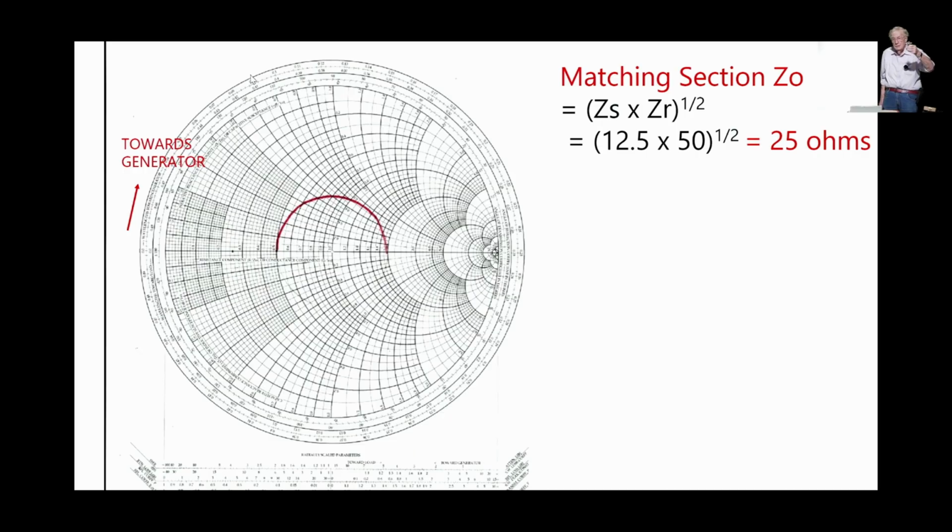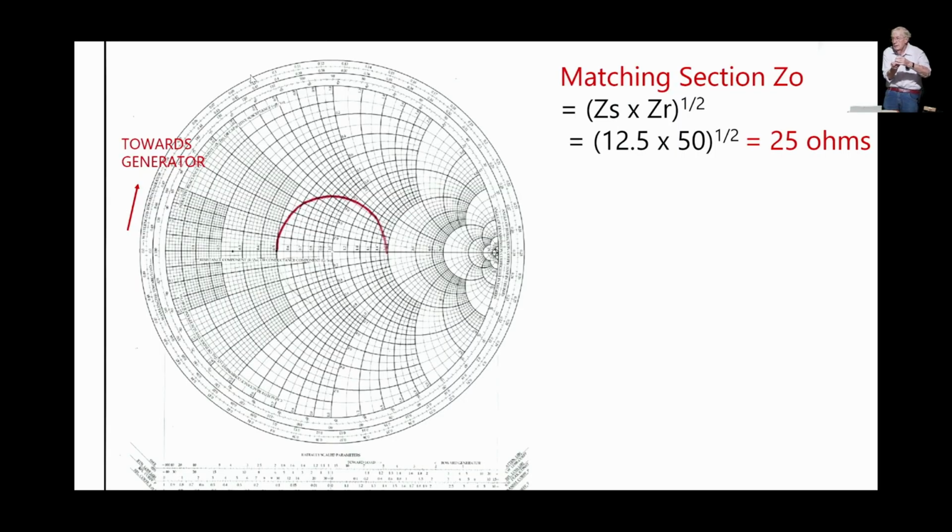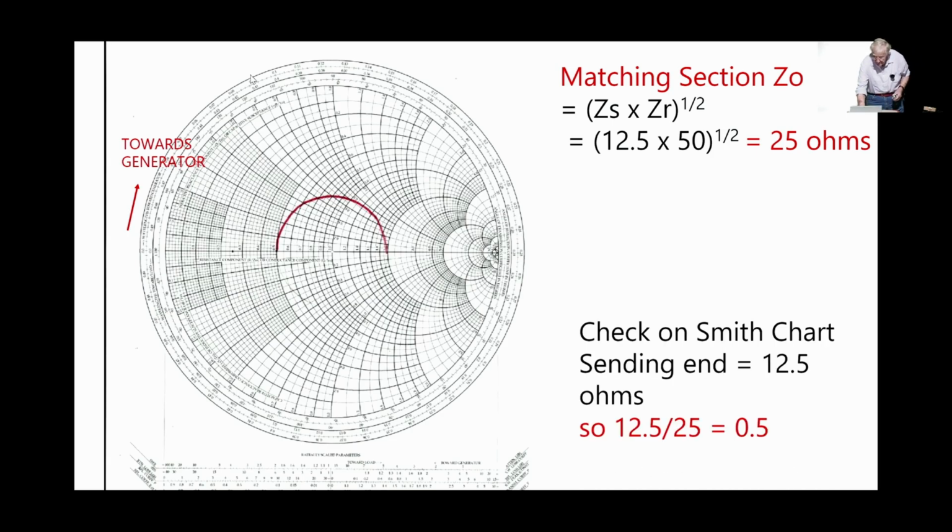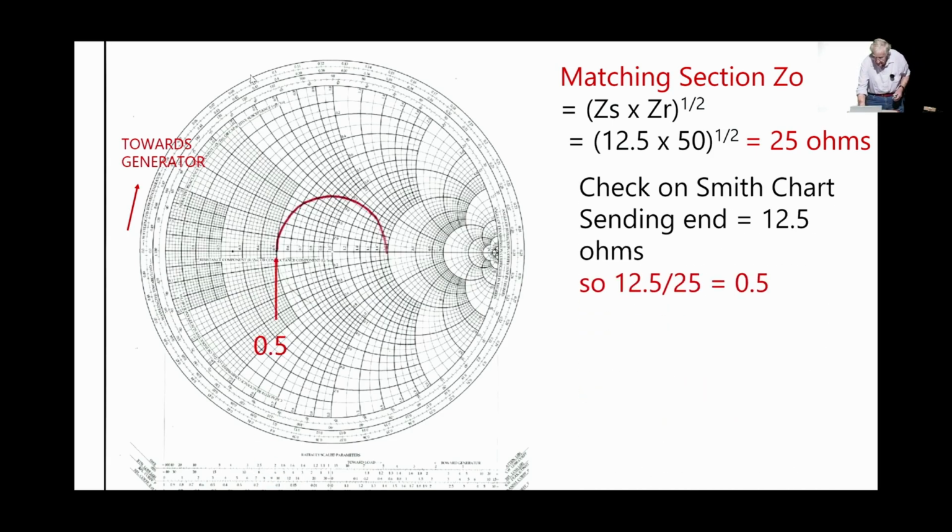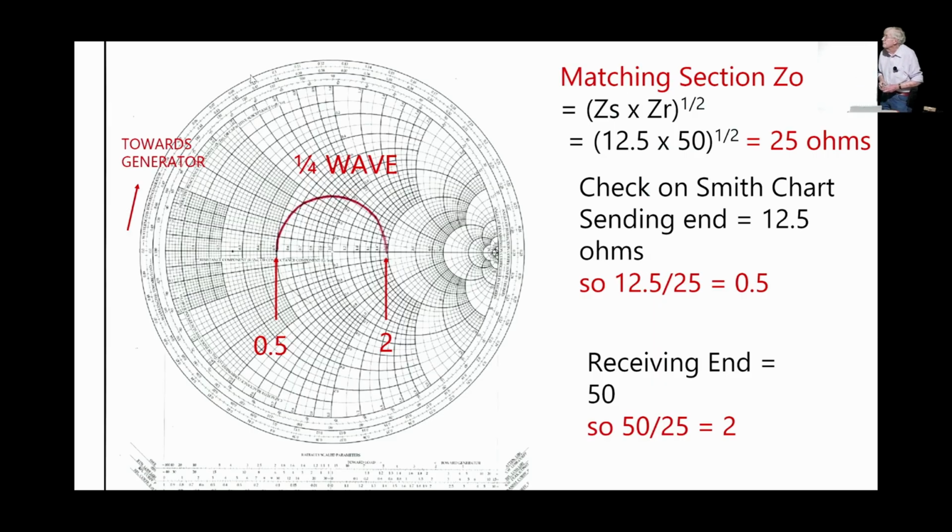And you can test this by putting 450 ohm dummy loads on it, and then you look in there and you've got your 50 ohms. So that's just an example of what we did there. And we're talking about a quarter wave at 23 centimetres.